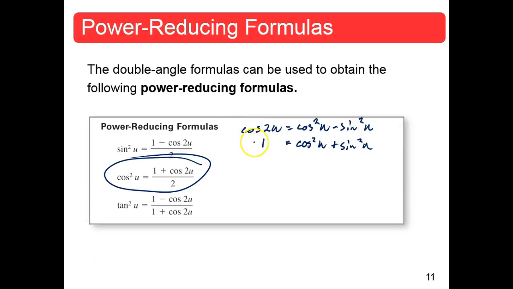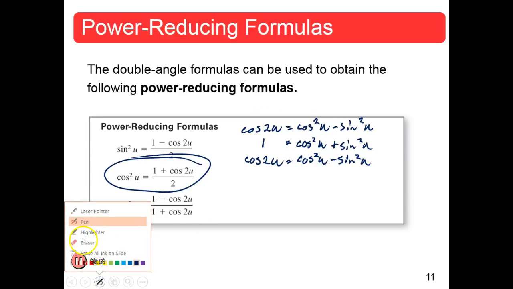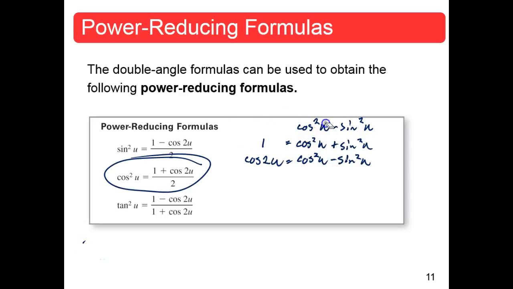I want to write this one on the bottom: cosine 2u is equal to cosine squared u minus sine squared u. And take it off the top, because it's a little easier for me to see this way. And that also will explain why they reversed the 1 plus that we had before. We came up with cosine plus 1, which is the same as 1 plus cosine.